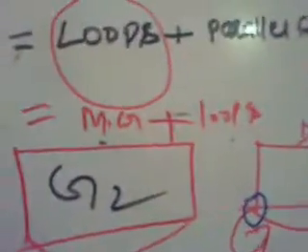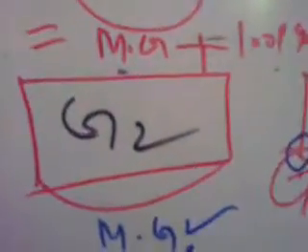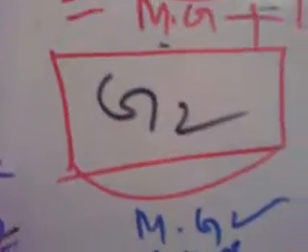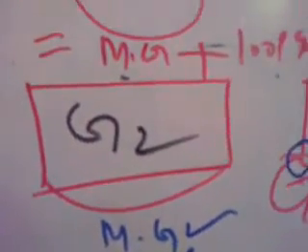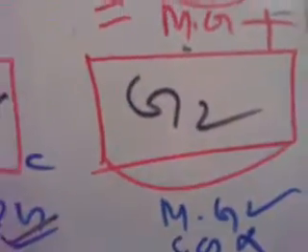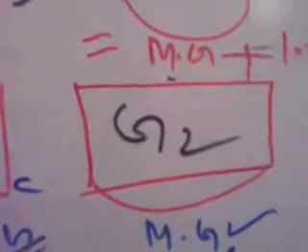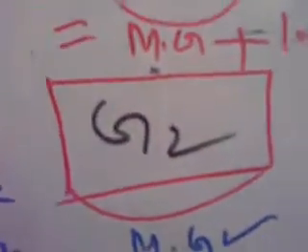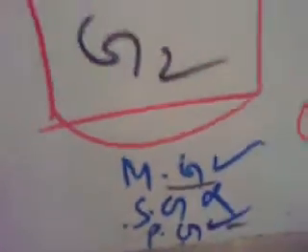Next comes graph G2. This is a multigraph. Can we say that G2 is a simple graph? No, because there are parallel edges. So G2 can never be a simple graph. I have ticked that this is not a simple graph, but it is a pseudograph.